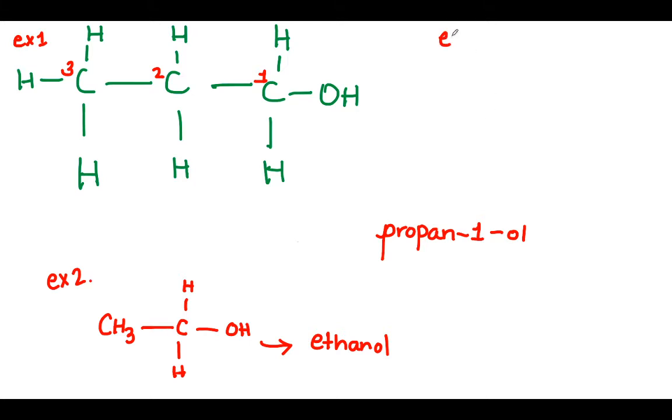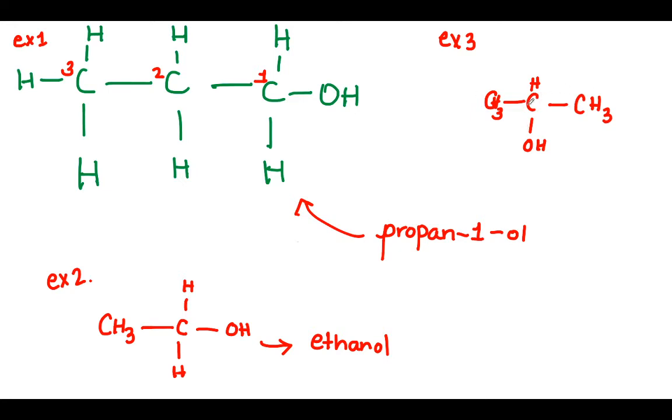Let's do a third example. I'm just going to draw it on the screen here. How about if we have 3 carbons, but this time the hydroxyl group is on carbon number 2. So CH3, CH, and CH3. In this case, I want to give the lowest possible number to the carbon that the OH is attached to.